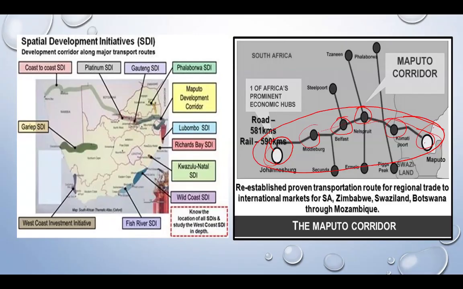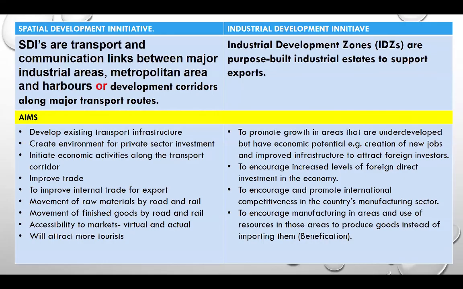It is joining these places together. So how do you define it? It's simple. It's a corridor along a major transport route, which will be your rail transport and your road transport. So this is your Maputo corridor.